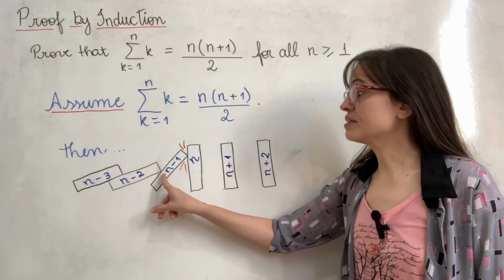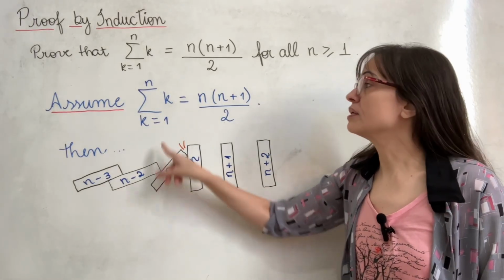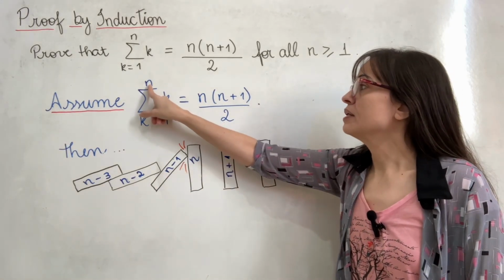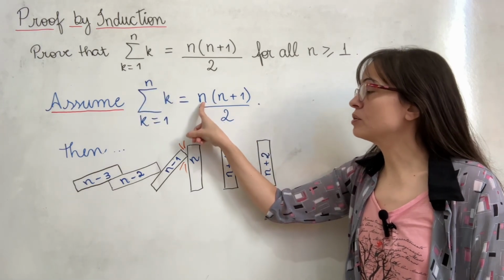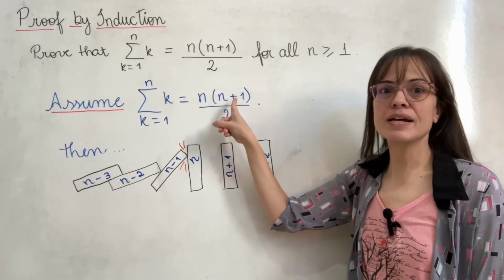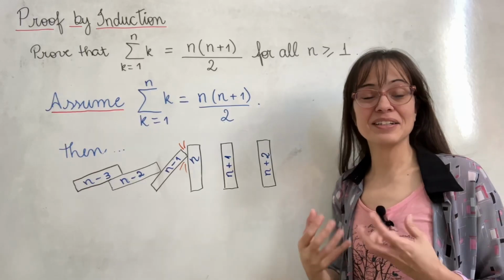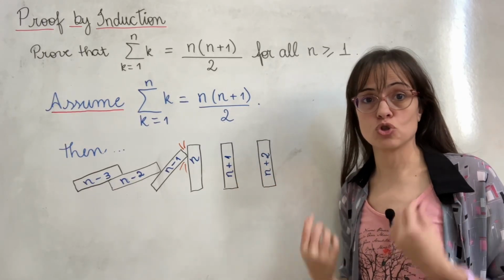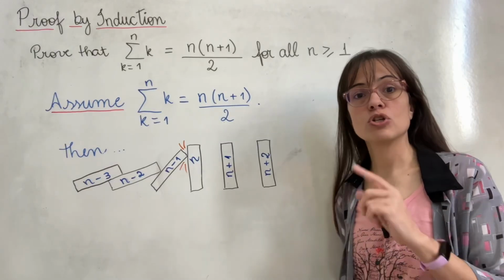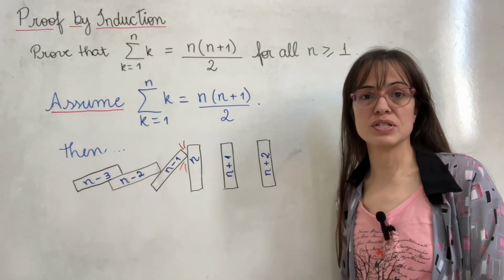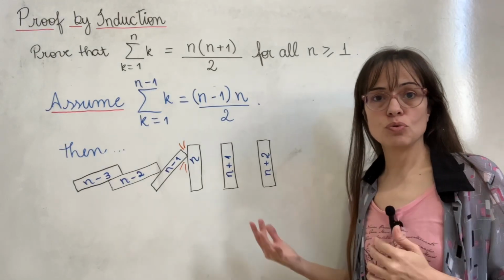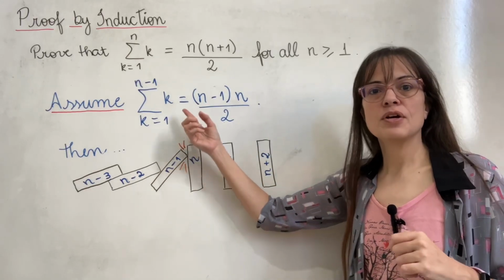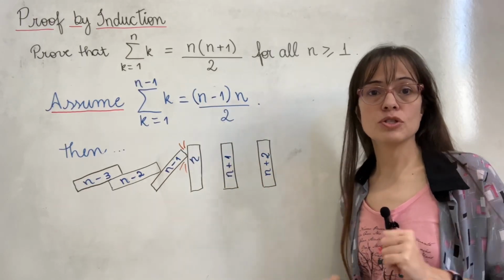But on the other hand, the statement for n minus 1, if this was an n minus 1, then here it would have n minus 1 times n, which is exactly the same amount of terms as this one. So it's smaller. It's going to make for shorter calculations. So this is what I'm going to choose for this example. I'm going to assume the truth of the statement for n minus 1.